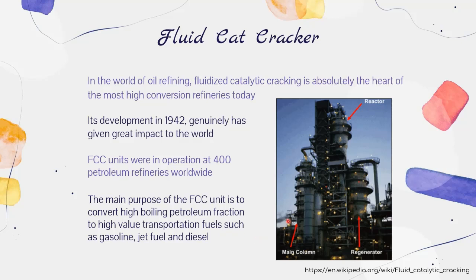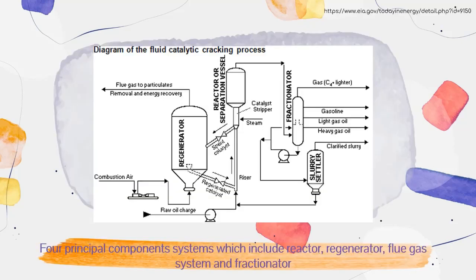So this is what the diagram of a typical fluid catalytic cracking unit in a petroleum refinery looks like. This diagram shows the detailed components of the FCC, which comprises four principal component systems: the reactor, the regenerator, the flue gas system, which is supposed to be here, and the fractionator or a distillation column.